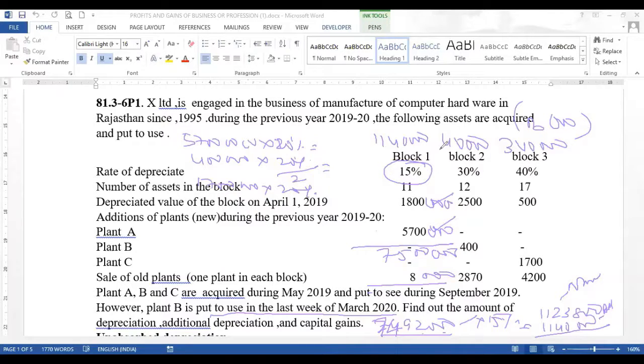What is given in the question? It is not given in the question. You have to calculate it. Opening WDV is 25 lakhs. Addition is 4 lakhs. Sale is 28 lakhs. Therefore, what is your WDV? 30,000. Now normal depreciation is how much?